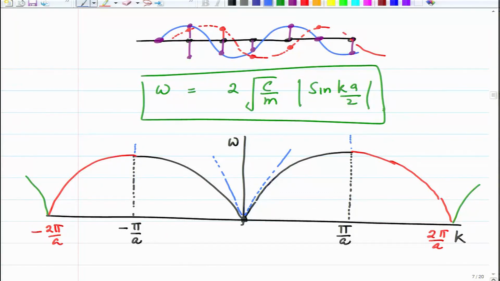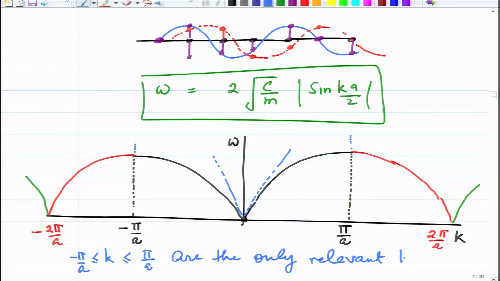So, I am just going to make a statement and then justify it further: only k in the range minus pi over a to pi over a are the only relevant k's to describe the behavior of vibration of this discrete lattice.